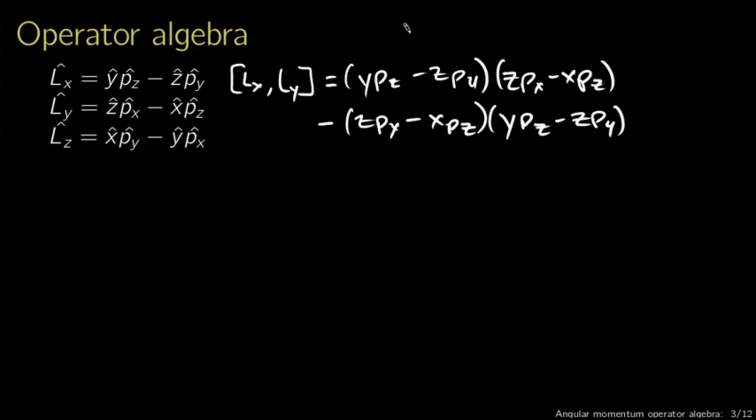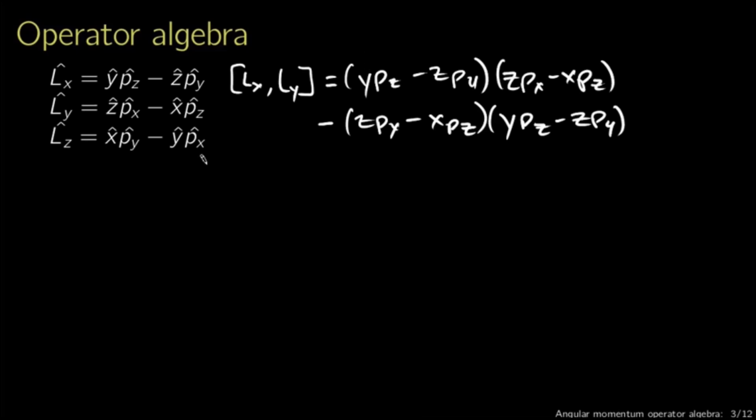Y and pz, however, commute, as do y and px, z and py, etc. If the momentum and the position operators you're considering are not the same coordinate, for instance if I'm not talking about x and px, y and py, z and pz, the operators commute. So when I calculate the product here, y pz times z px, I have to keep the relative order of pz and z constant, but I can move the px and the y around wherever I want.